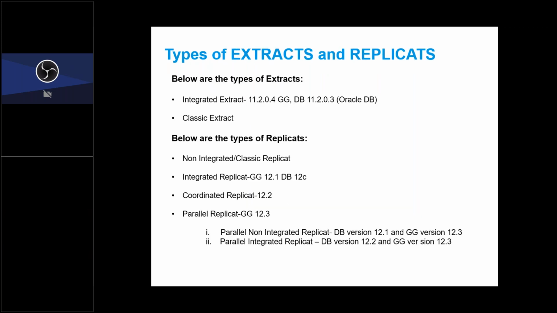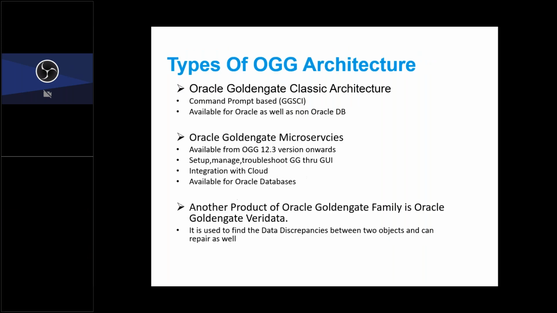Okay. Now another important clarification I want to make. Anusha is asking, can you repeat it again for Veridata? Okay, I'll repeat for Veridata before I proceed. Veridata is a product which is used to verify the data for you.